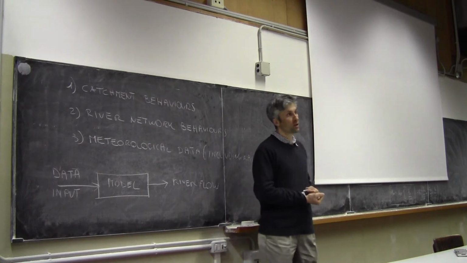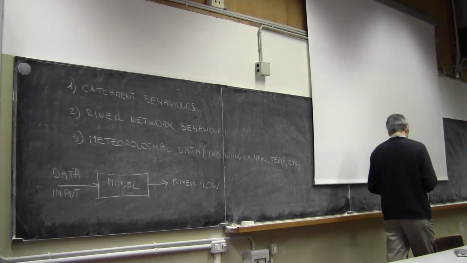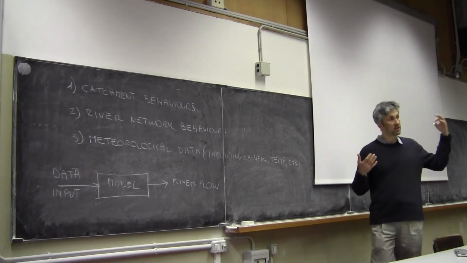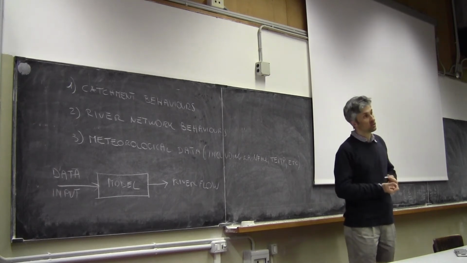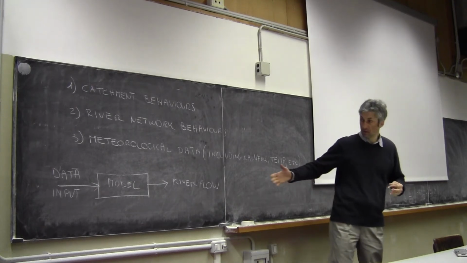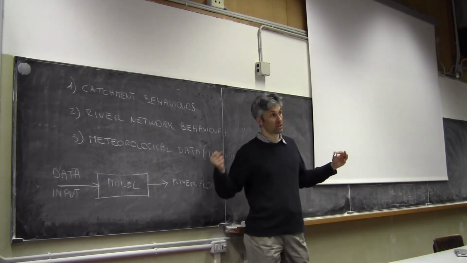The need for rainfall runoff modeling emerged in the far past. Already almost 200 years ago, population felt the necessity, the need, to compute in very simple ways, of course, the rainfall runoff transformation.